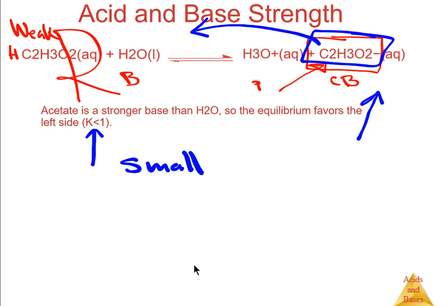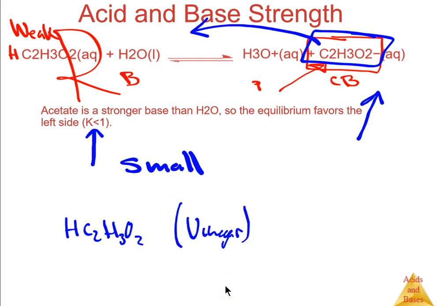This time, acetate is a stronger base than water, so the equilibrium favors the left side. All right, so our products are small, our reactants are still large, so now we would have a Ka for weak acids. The two main weak acids we'll talk about in this class are usually acetic acid, which is HC2H3O2, and that's vinegar.